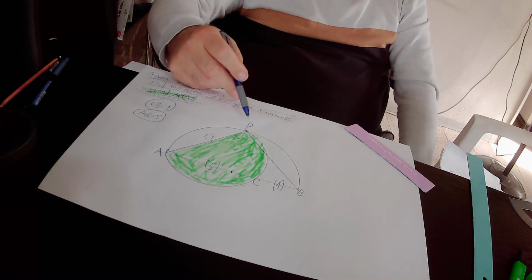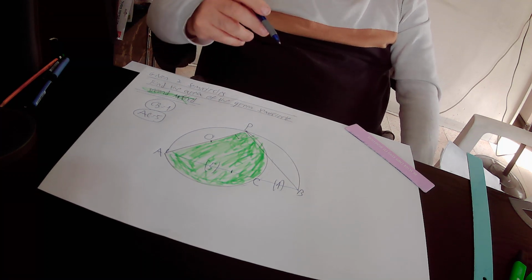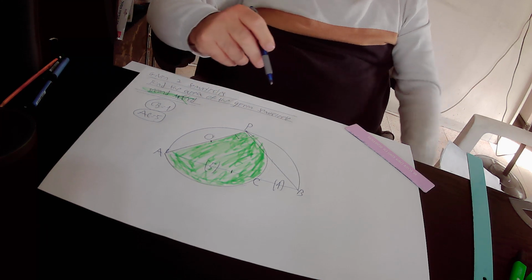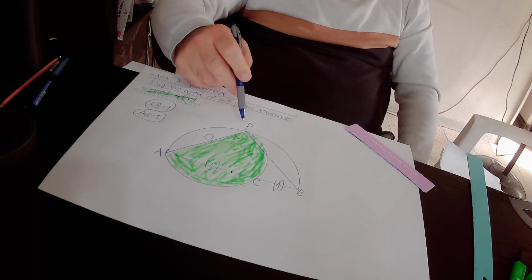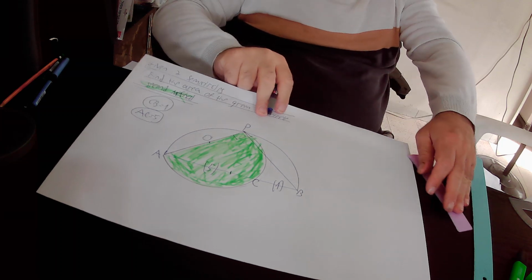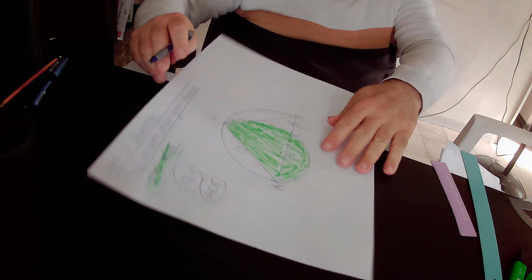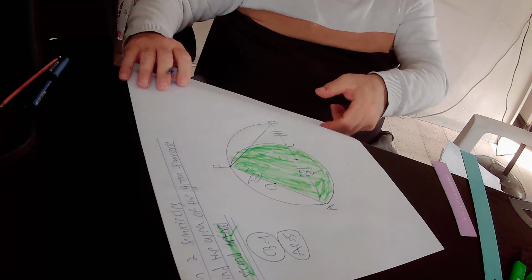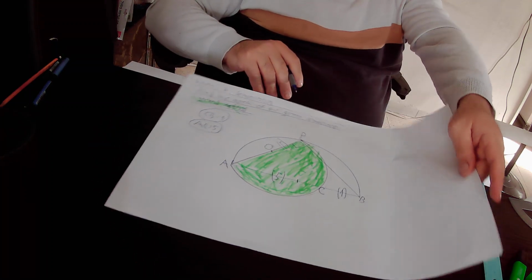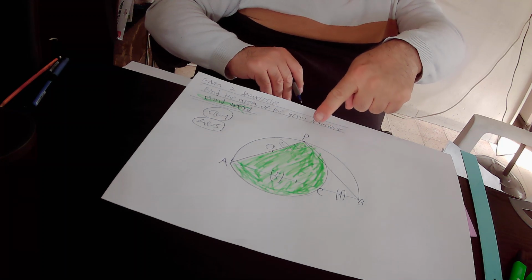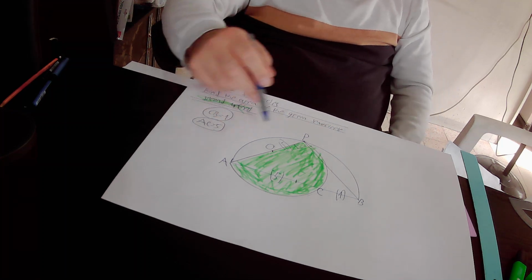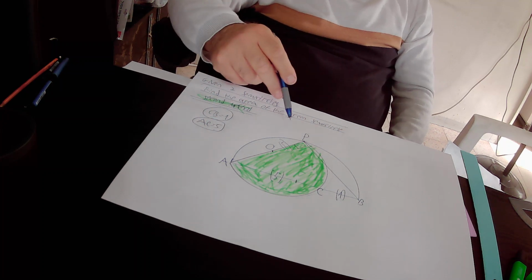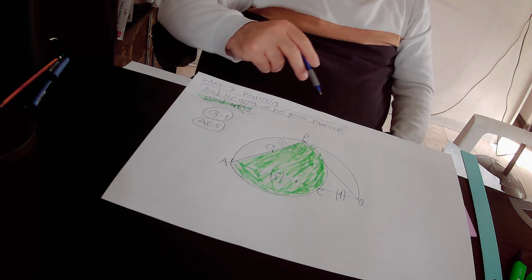Point P is a point on the green semicircle itself. Therefore, PO is the radius of this green semicircle. We define the radius of this green semicircle as R. Therefore, PO equals R. We know that BP is perpendicular to PA. If BP is perpendicular to PA, BP must also be perpendicular to PO.